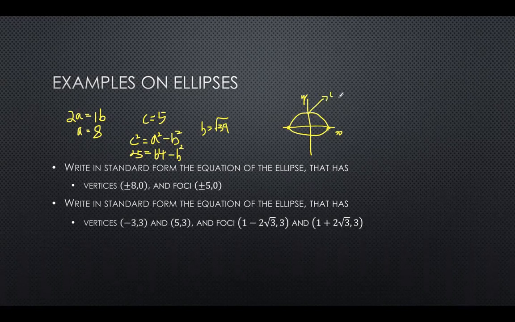So this vertex would be 0, positive radical 39, and this point is 0, minus square root of 39.